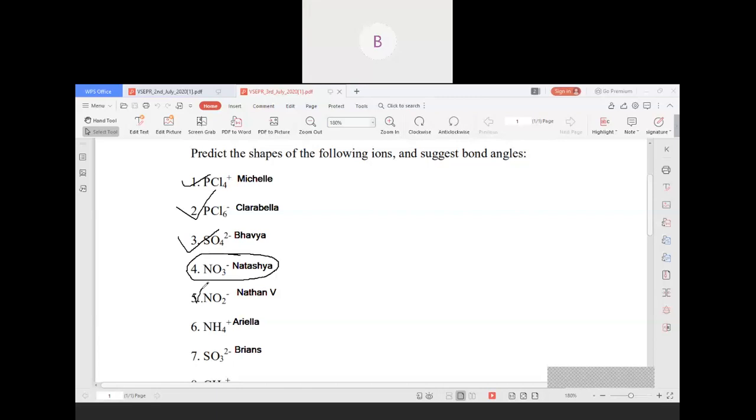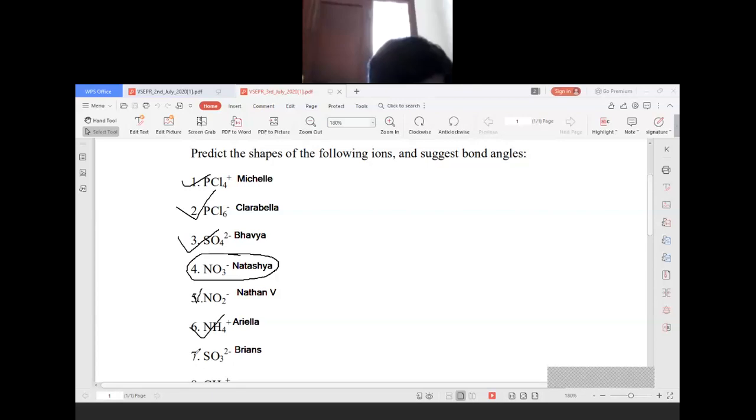What is the angle? It is 107 degrees, and the shape is trigonal pyramidal. Yes, correct. O3 negative is difficult to draw. Don't worry, Natasha, I don't think you are the only one who has a problem.